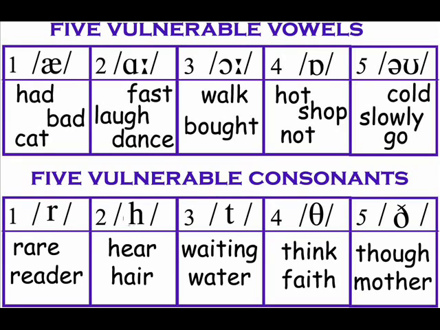So that T is a vulnerable consonant. Number 4, think, well, 4 and 5 we've already discussed, the inherently unstable th sounds. So there you go. Tink, you get tink, or you get sink as well, as in France. Sink, I think so. I think.